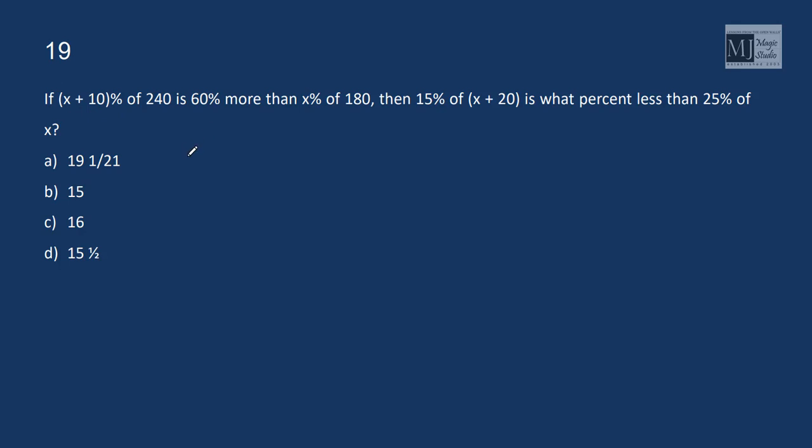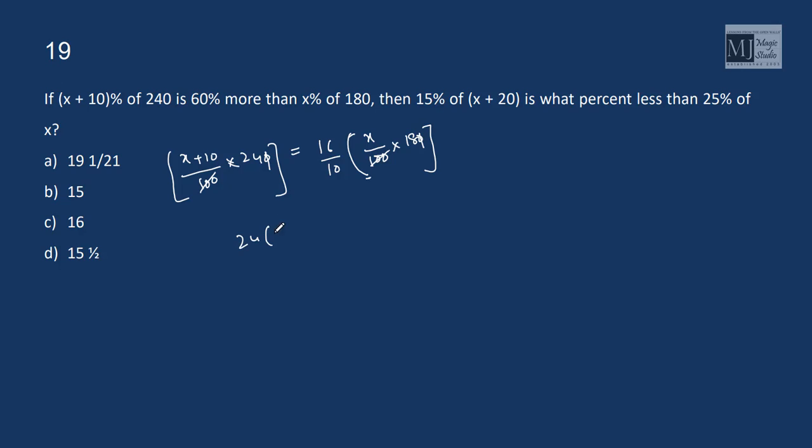If x plus 10% of 240 is 60% more than x percent of 180, that means the multiplication factor would be 1.6. Okay, can we solve this?